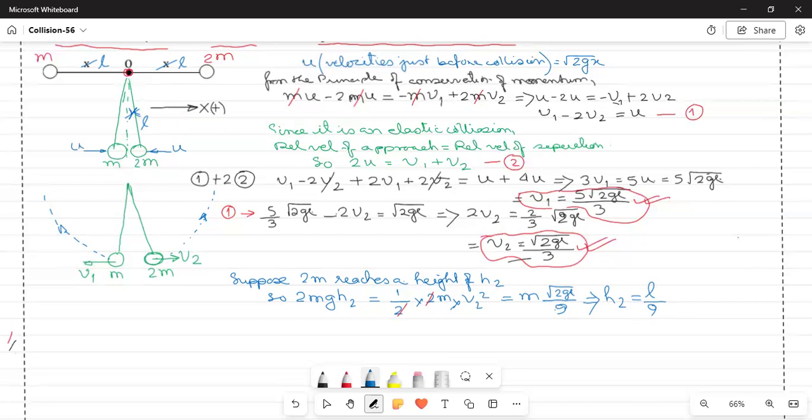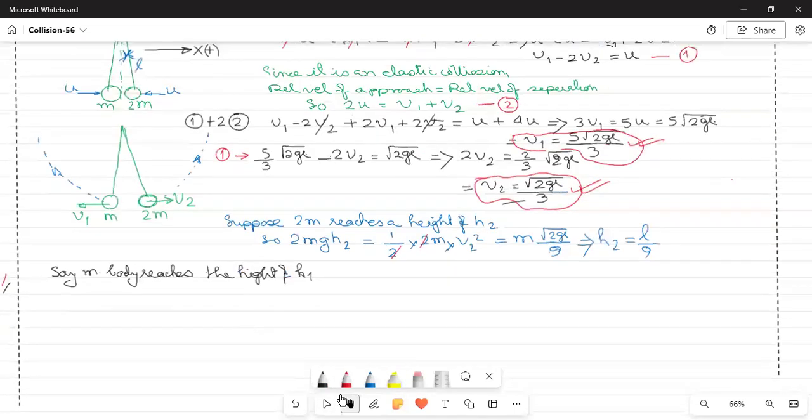Similarly, we can find H1. Say the M body reaches the height of H1.